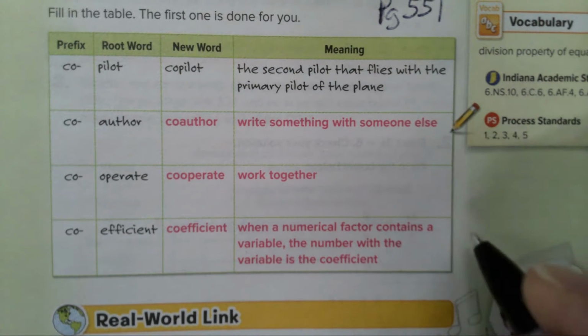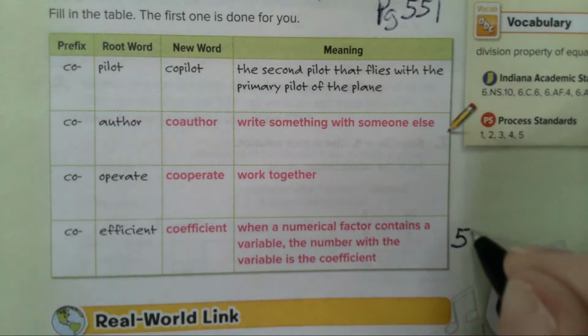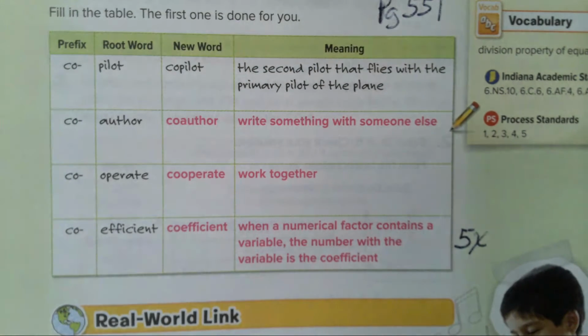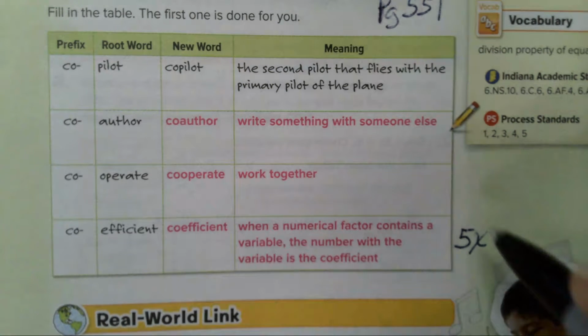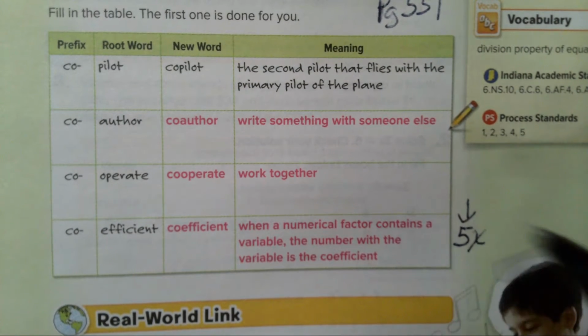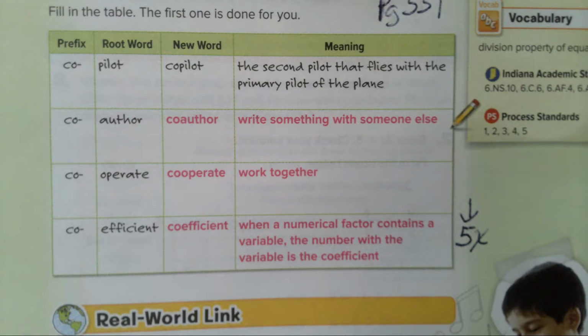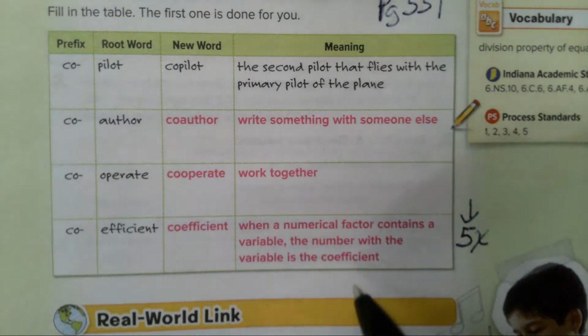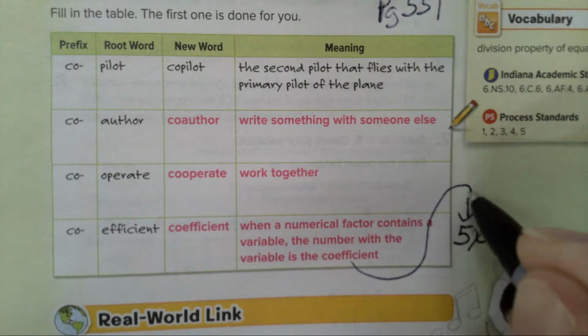So, for example, if you have 5x, class, which number is the coefficient there? The 5. The 5 is the coefficient. So when a number and a variable are next to each other, the number is called the coefficient. All right? So the coefficient here is the 5 in 5x.